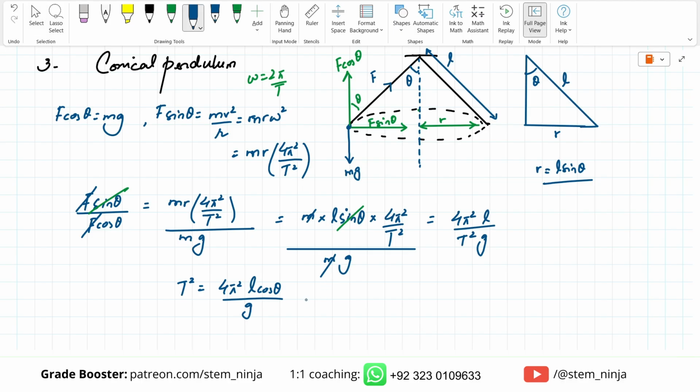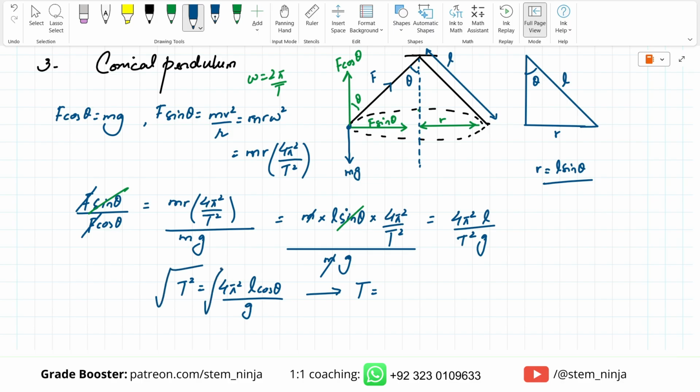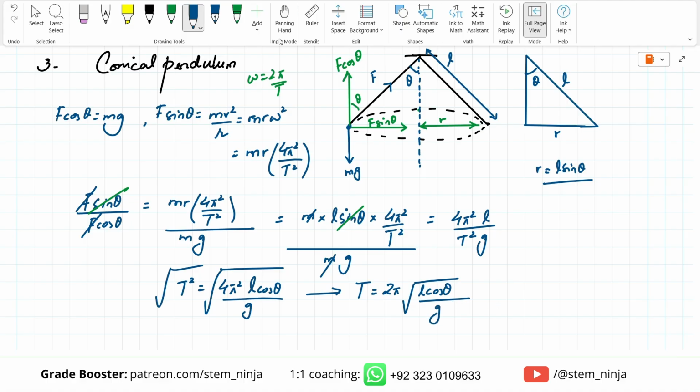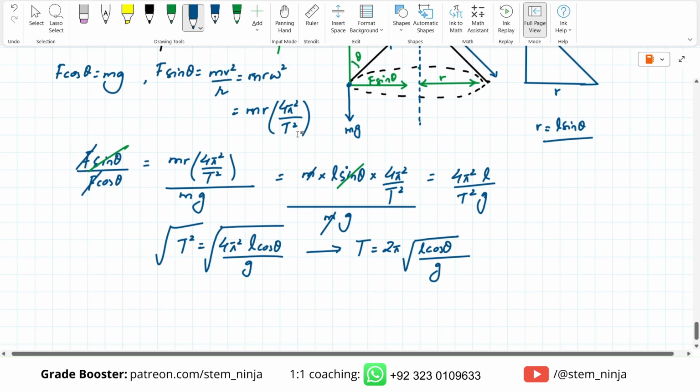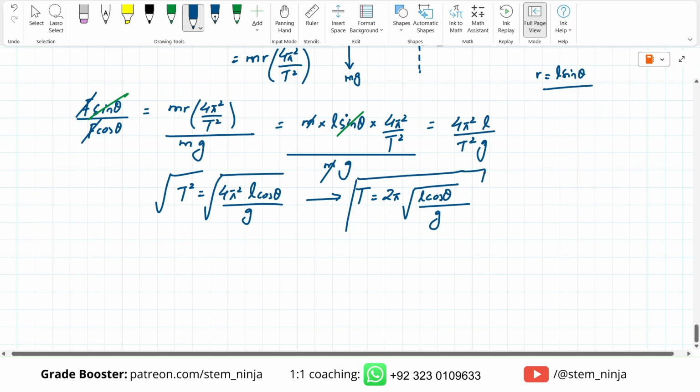Now, this would mean that when we take the square root on both sides, we get T = 2π√(L cos θ / g). Now, the relationships that we can infer from this equation.